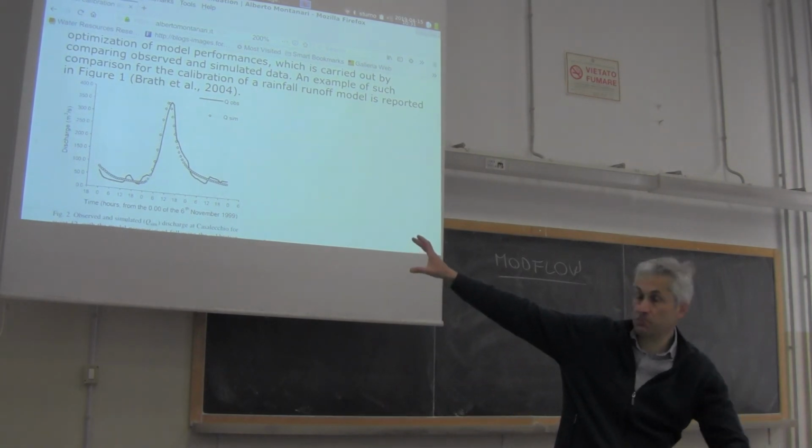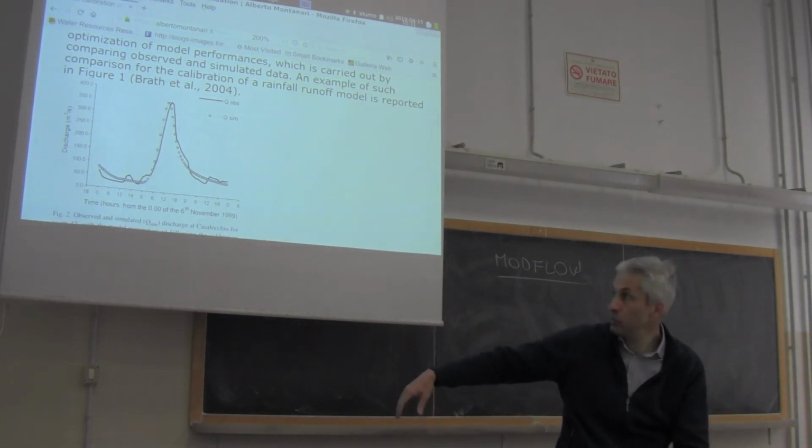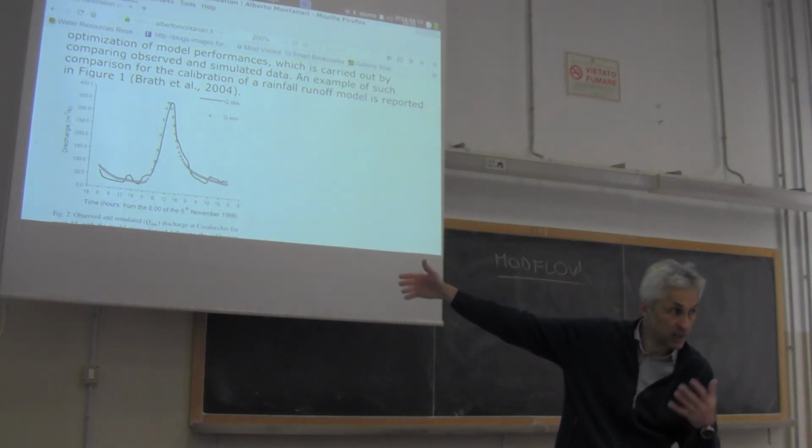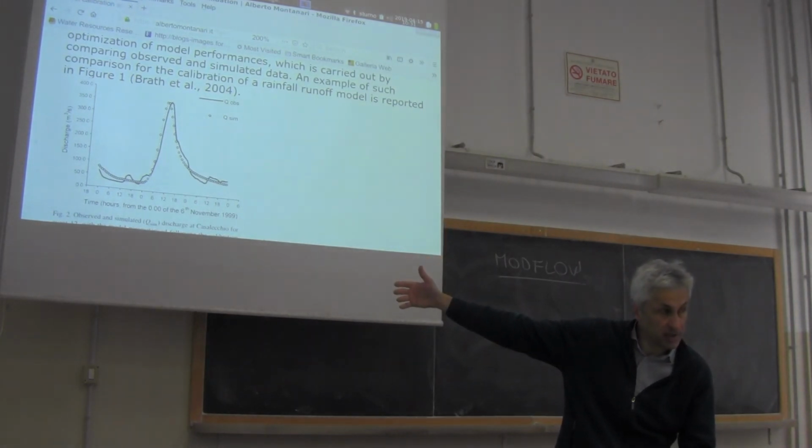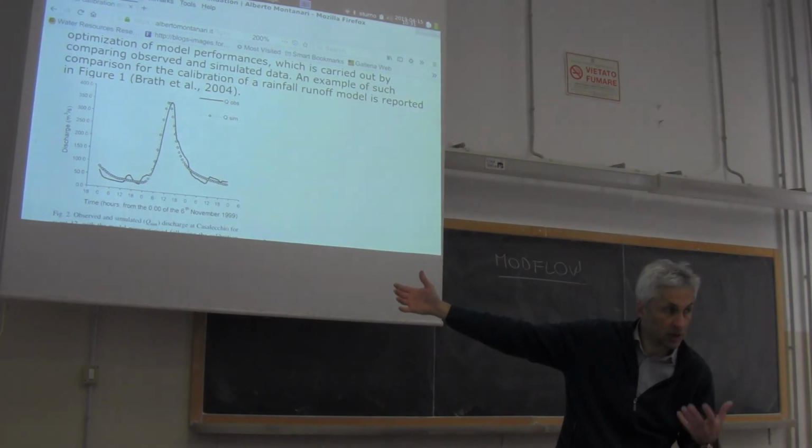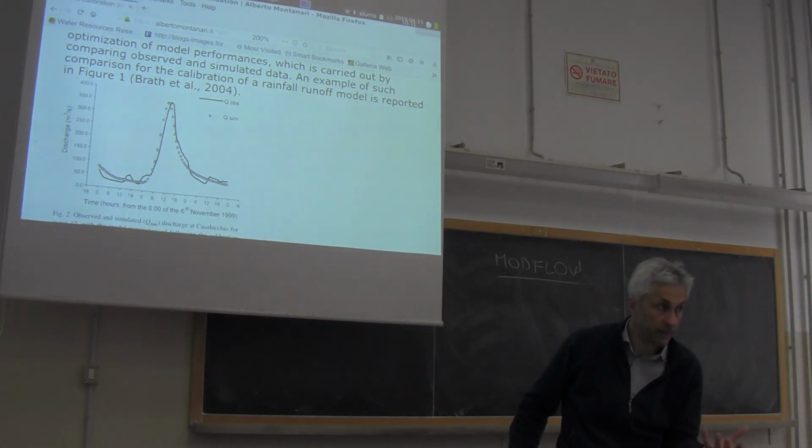When we use this procedure, there is a big advantage: we look at the result. It's an approach that an engineer likes a lot, because you have a look, and you judge visually if a result is reasonable or not.